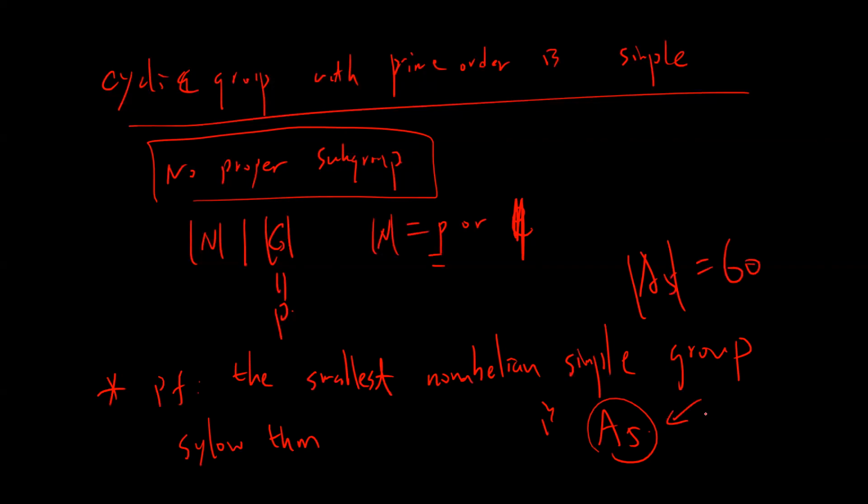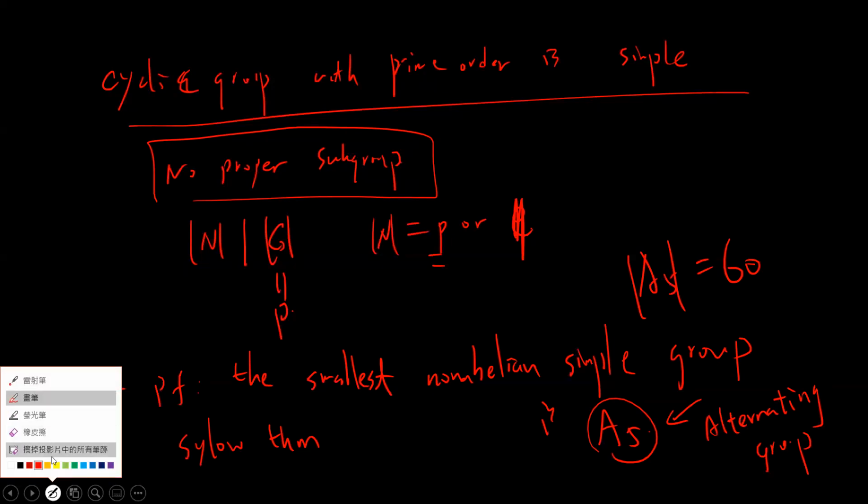So this is the alternating group. Basically, I built a YouTube video list to prove this. I will post a link below.